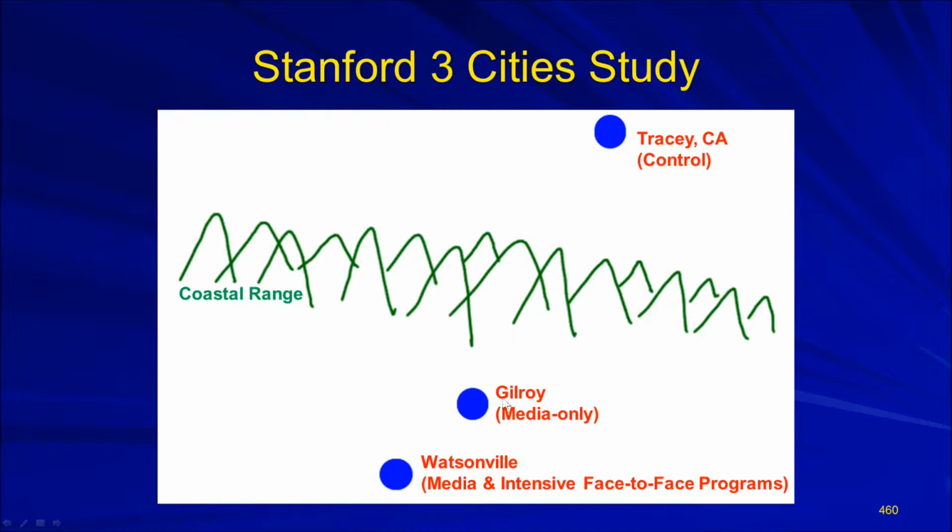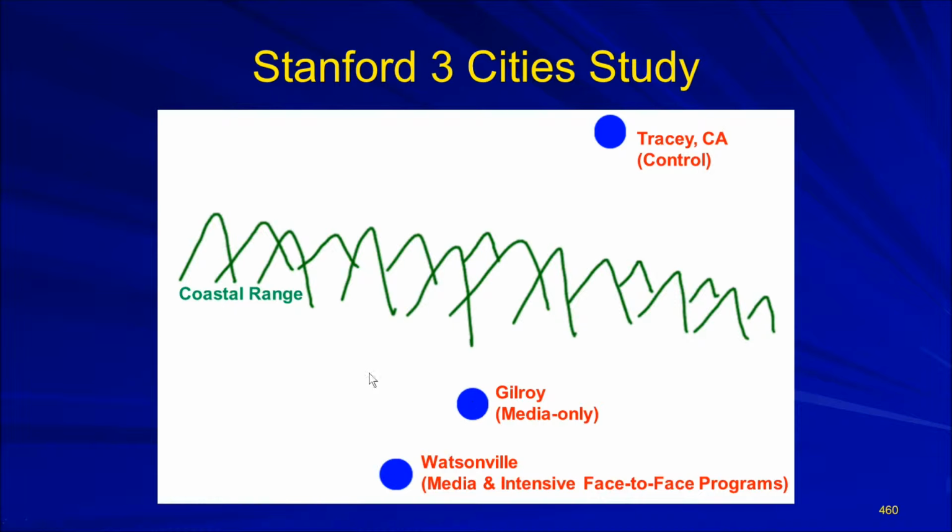We made certain we did a comparison of the cities on demographic variables and any other factors. We found the cities not to be significant on any of these variables that would give one city an advantage over the other.